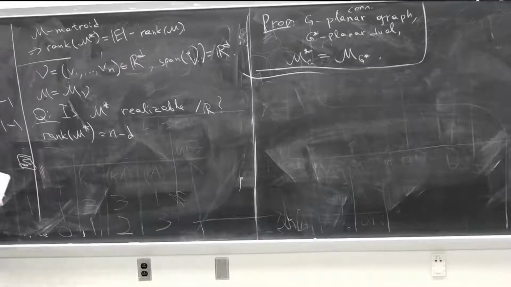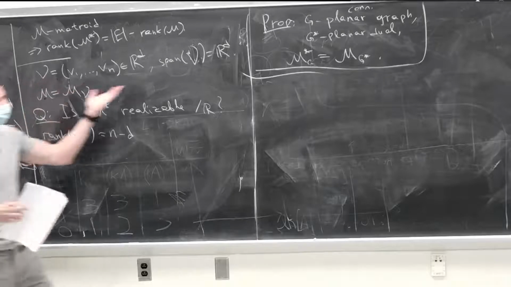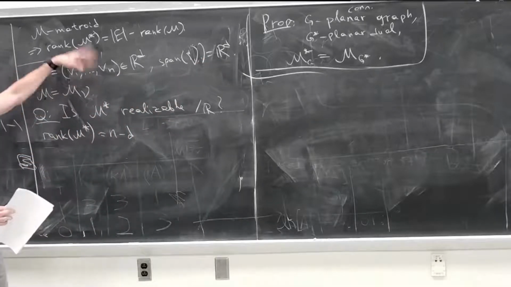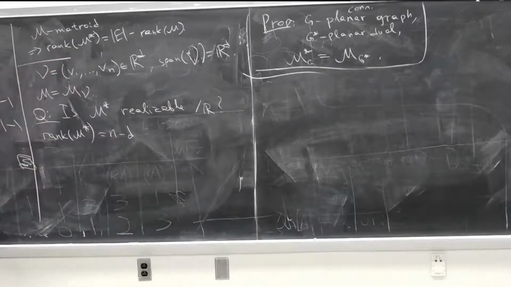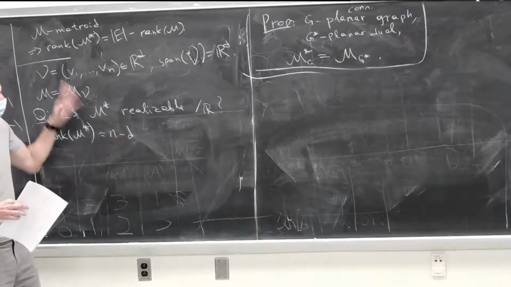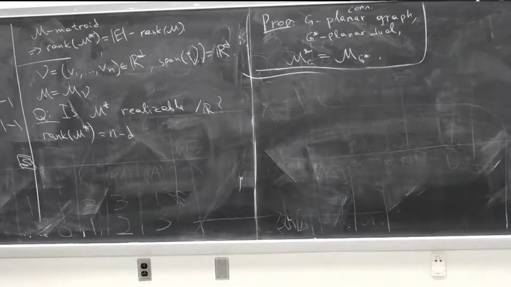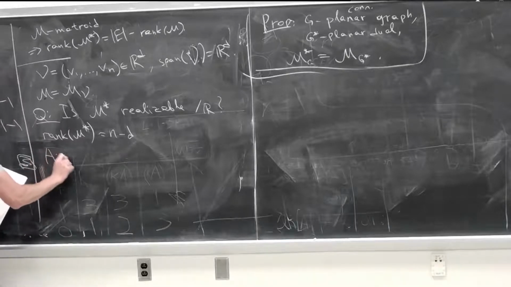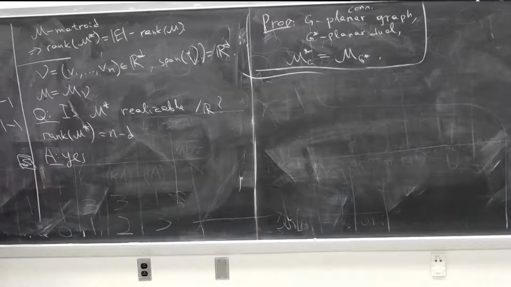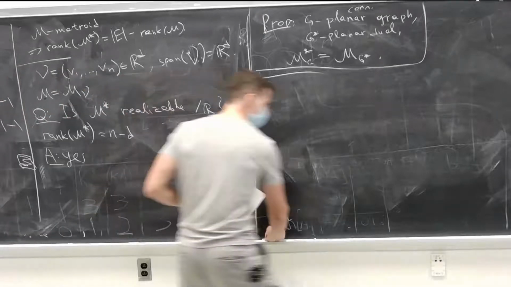You can't really stay within R to the D. You can't just take orthogonal complements to these vectors and do some stuff with those. And yet somehow n minus d seems sort of orthogonal to d. Anyway, to explain this, I actually have to introduce some stuff. The answer is yes. What? Okay, you're happy. I'm happy too.